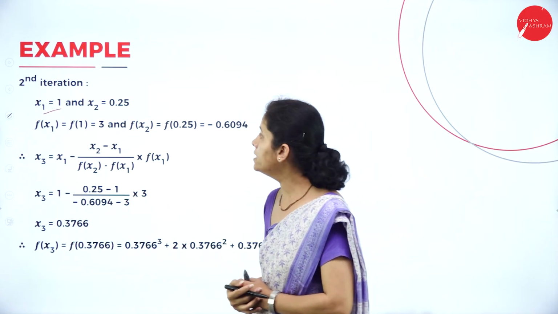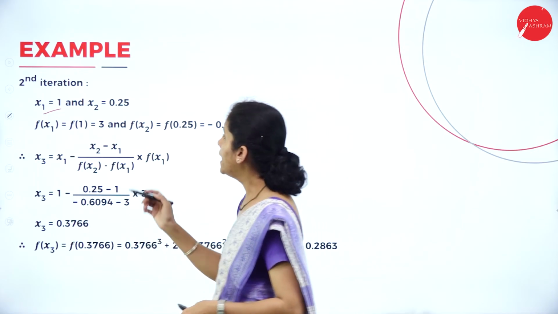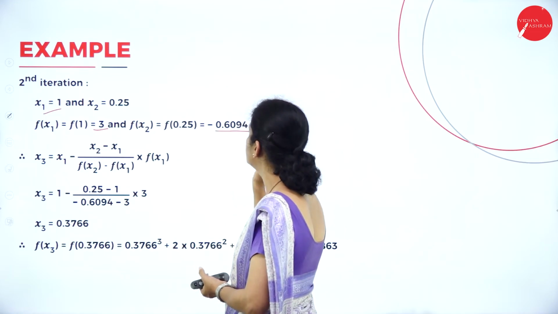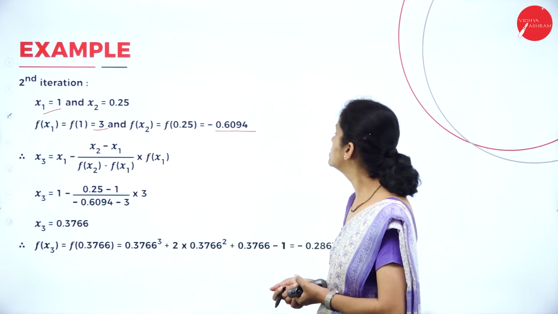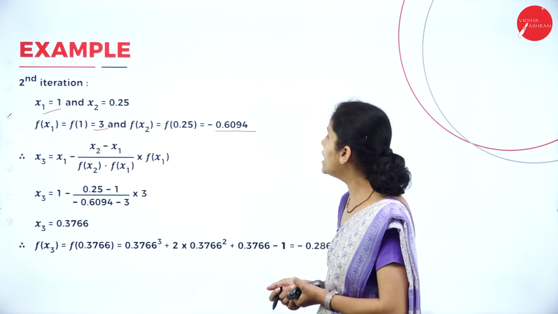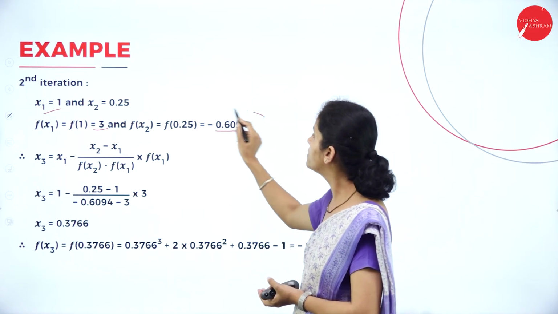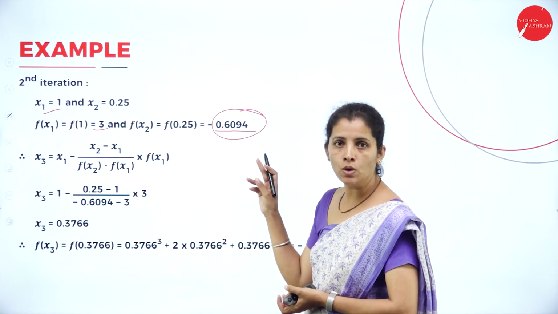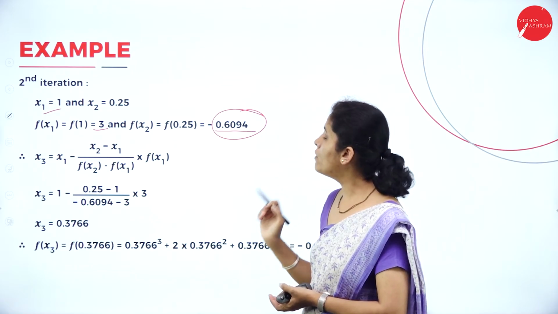So dear student, now f of x1 is 3 and f of x2 is minus 0.6094. Now I have x1, x2, f of x1 and f of x2.